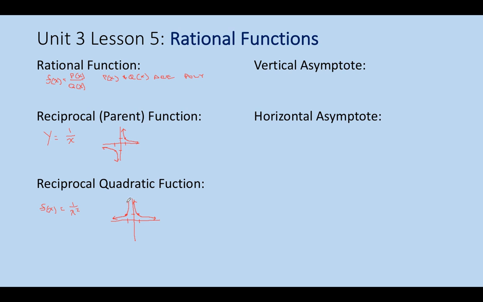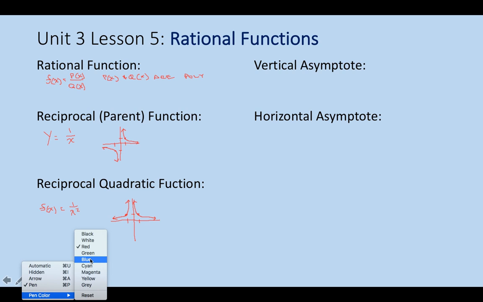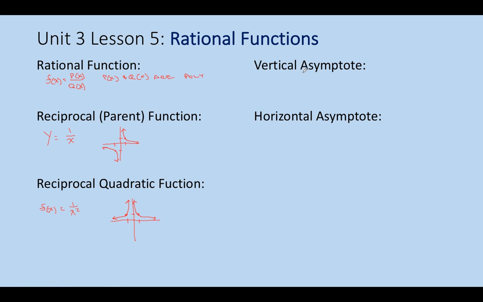So there it is. All right, two things that you need to pick up today, so some very basic vocabulary, and that's vertical asymptotes and horizontal asymptotes. And hopefully you kind of already have an idea of what these are, but for this one, this right here is considered a vertical asymptote because the function will get infinitely close to this line, but it'll never actually touch it.